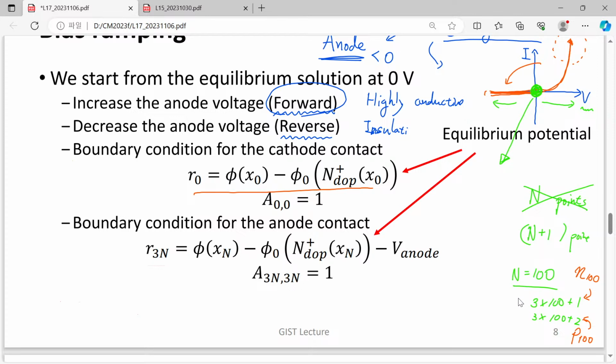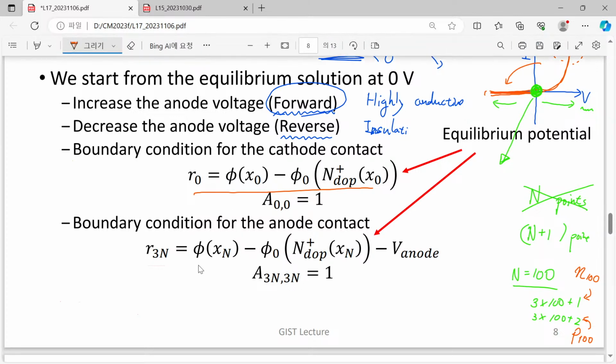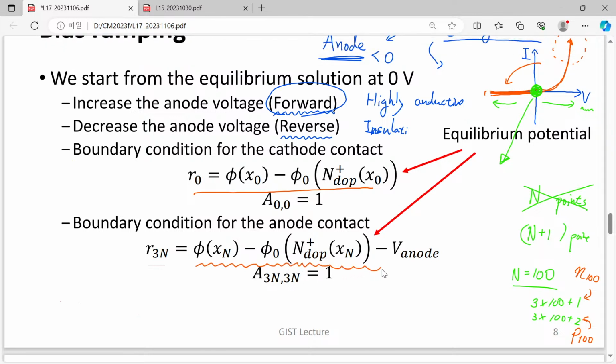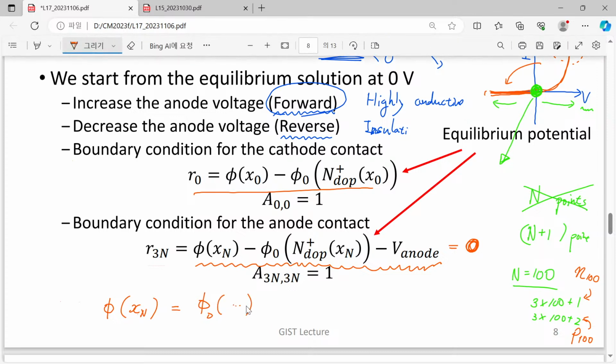In this case, our residue function now reads like this. Please concentrate on this one. And what is our ultimate goal? We wanted to make this residue function equal to 0. So it simply means that our electrostatic potential at the anode node is simply given by the equilibrium potential plus the anode voltage.